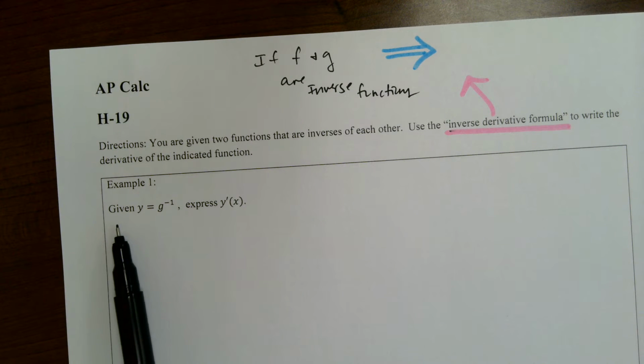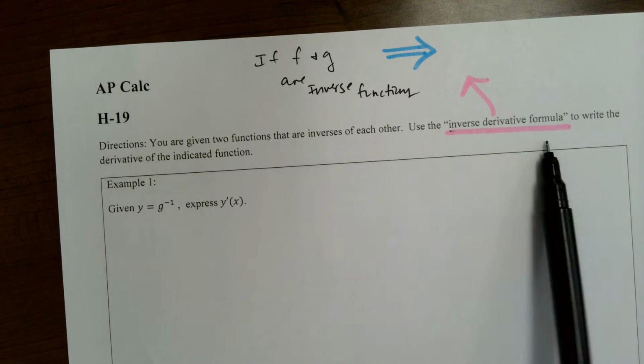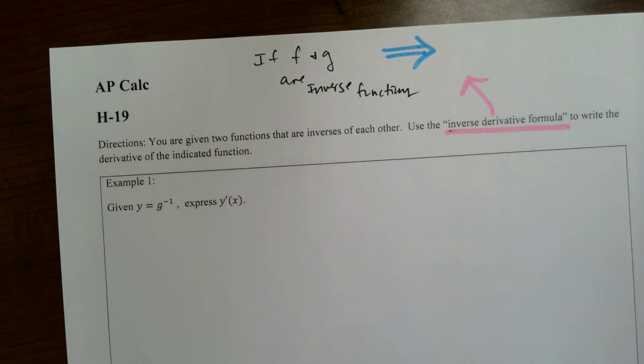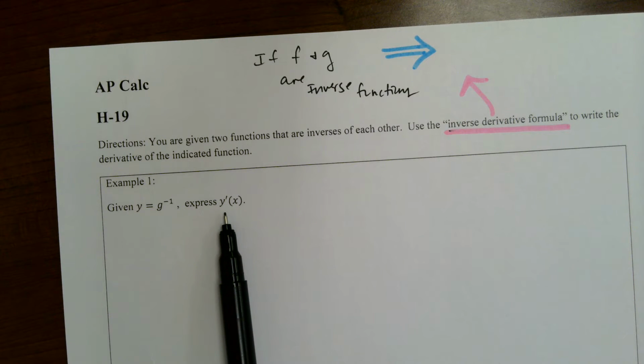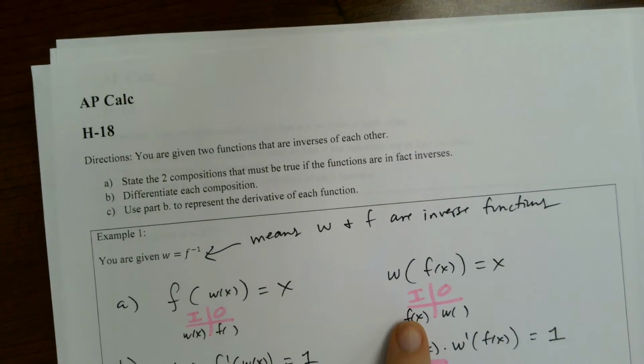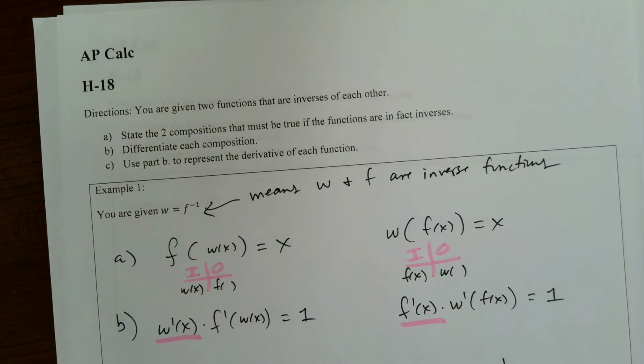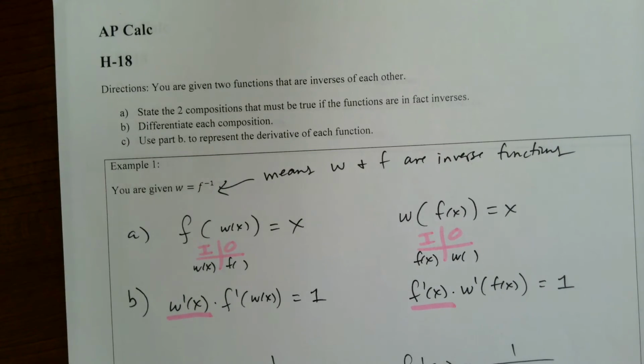But here, you are given that y is equal to g inverse, and they want you to express y prime of x using the inverse derivative formula. Now, if we want y prime of x, then when we do our initial composition, like we did in part A of the last problem, should y be the inside or the outside function?